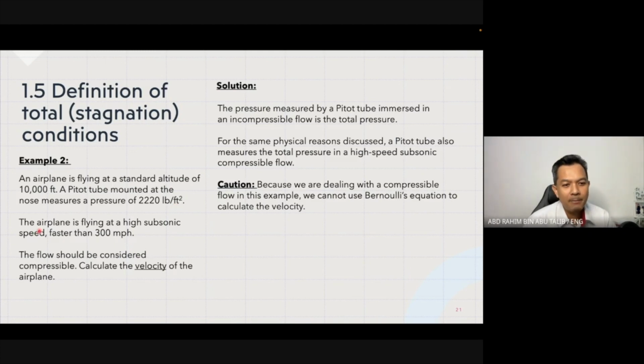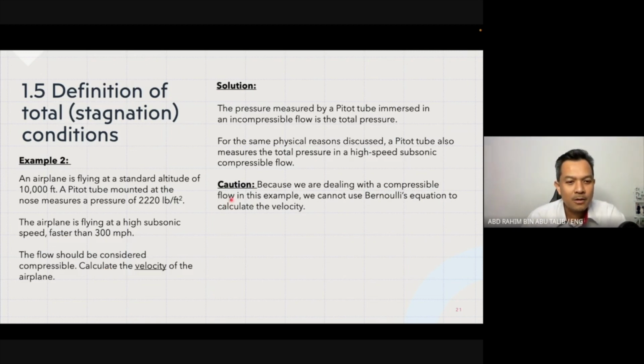The airplane is flying at high subsonic speed, faster than 300 miles per hour, and the flow should be considered compressible. You need to calculate the velocity of the aircraft.